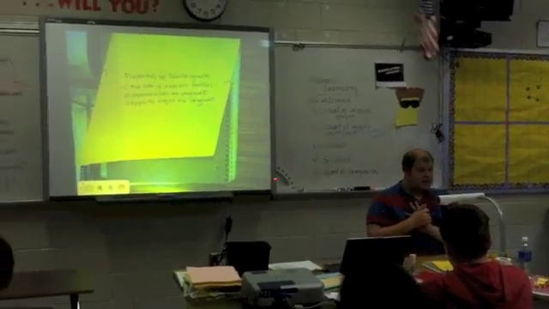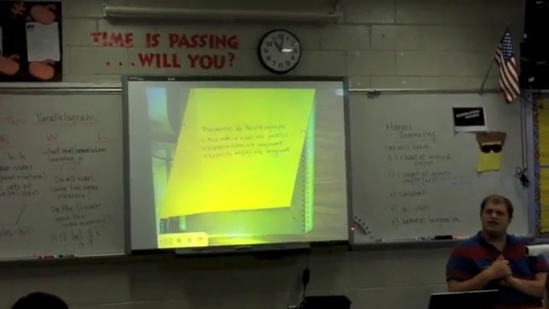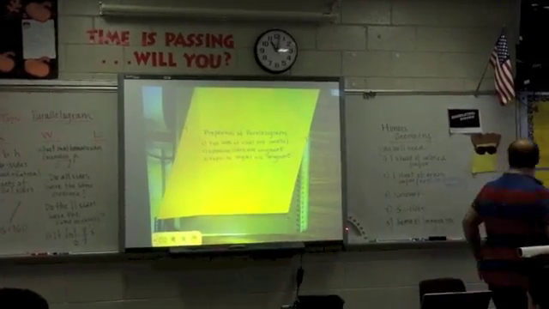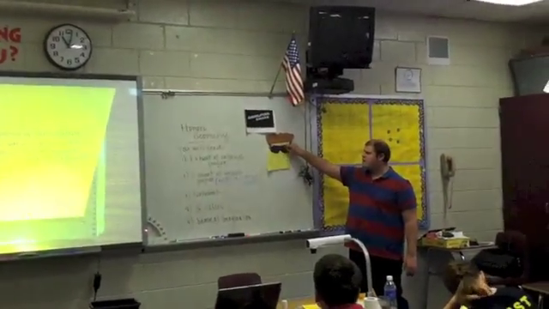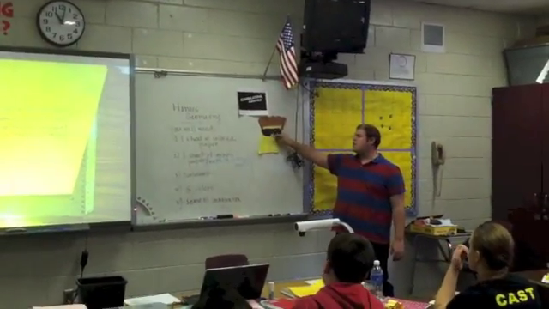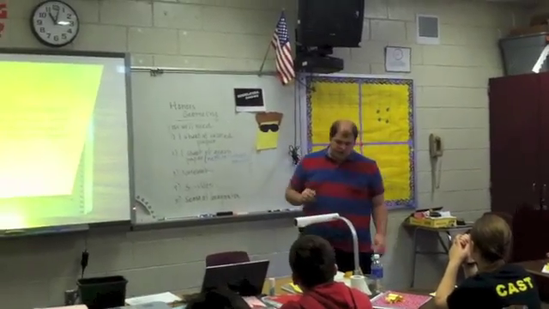Okay? Now let's still think about our parallel rules here. I want you to go back to when we did the transversals and stuff like that. What about, for example, these two angles here? What about right here and right here? Consecutive interior. And what did the rule say about consecutive interior? Add up to 180. Good.